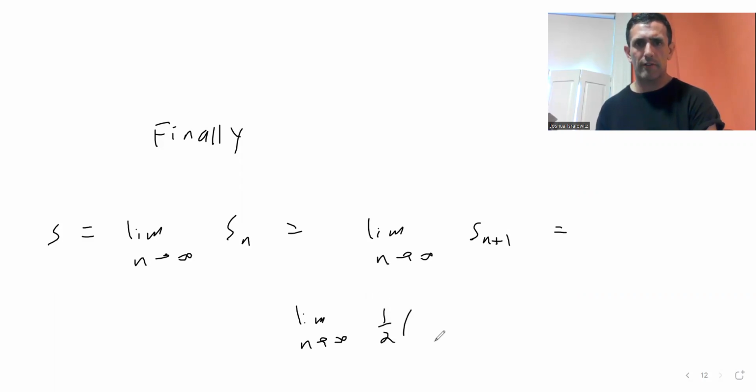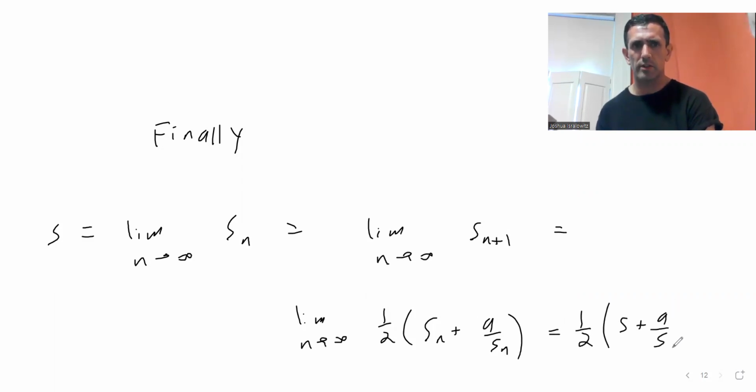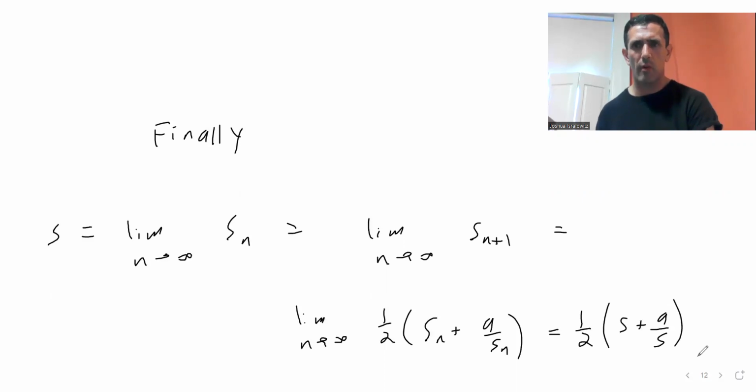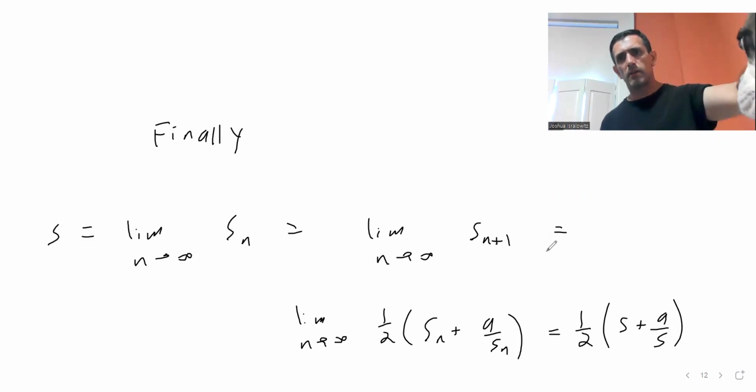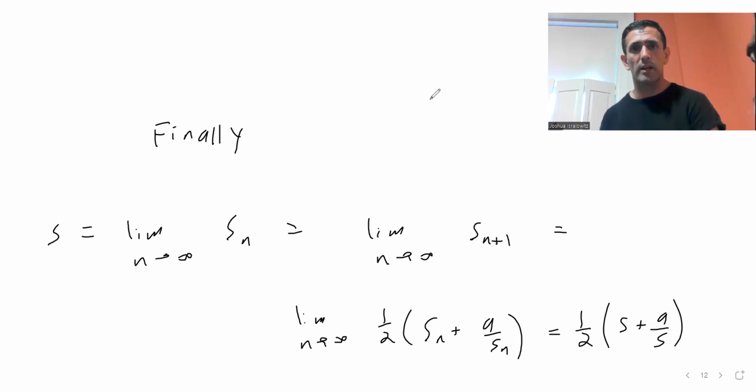So this is 1/2 S_n plus A over S_n, and this is going to be 1/2 s plus A over s. So what do we have here? We have s equals 1/2 s plus A over s. s is certainly bigger than 0, because remember S_n is bigger or equal to the square root of A, and A is positive.